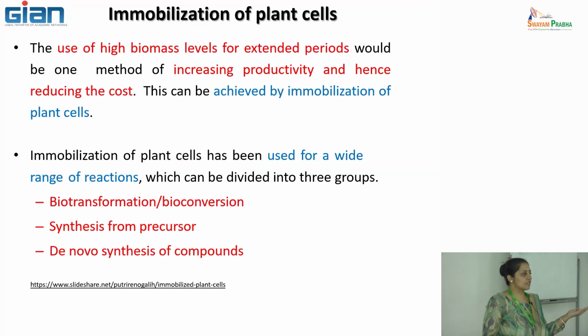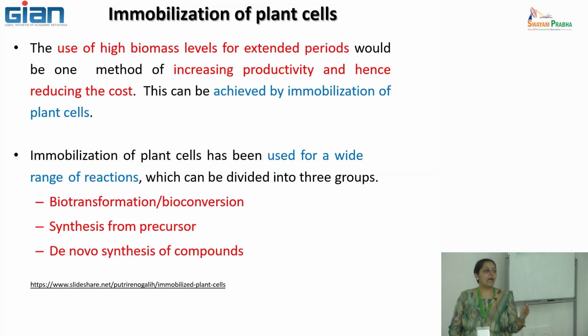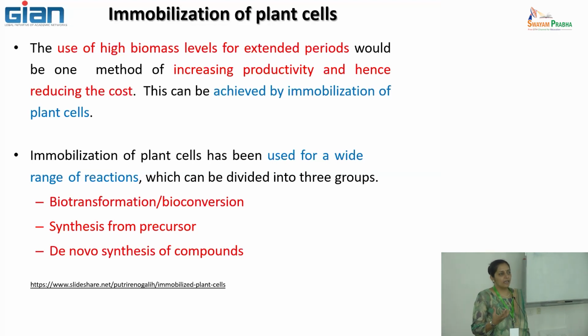So a low cost substrate is getting converted to a high cost product. Synthesis from the precursor. You can also add the precursor again because you are using the whole cell as the enzyme repository. So there is a good chance that the precursor can be converted to product.